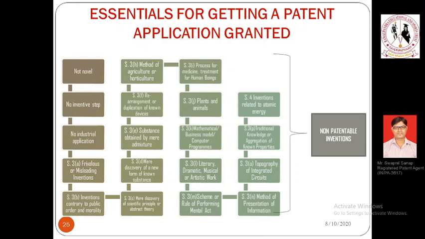I really hope that the real-time examples I discussed in the last session as well as this session have helped you to at least preliminarily differentiate the eligible subject matters for the invention. I hope you also recall the examples of Coca-Cola and other products that we discussed yesterday. So it is really important to understand which inventions are patent eligible and which are not.